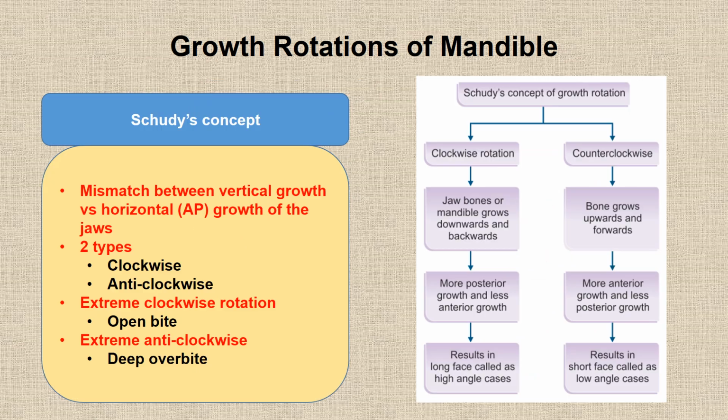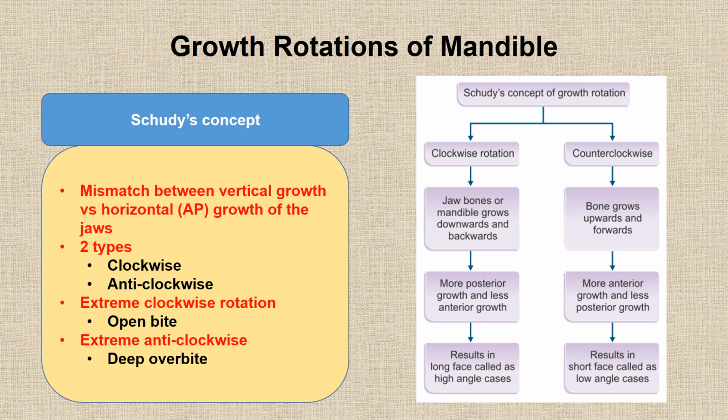Now, Schude's concept of growth rotations is that he held the belief that the growth rotation arises because of a mismatch between the vertical growth as compared to the horizontal growth of the jaws. There are two types, either a clockwise rotation or an anti-clockwise rotation.